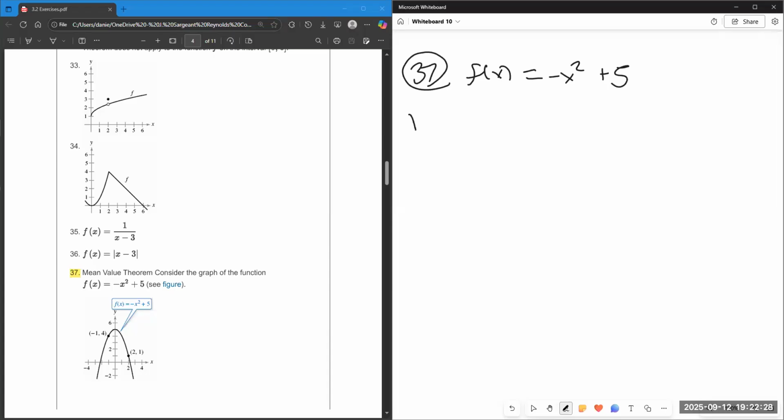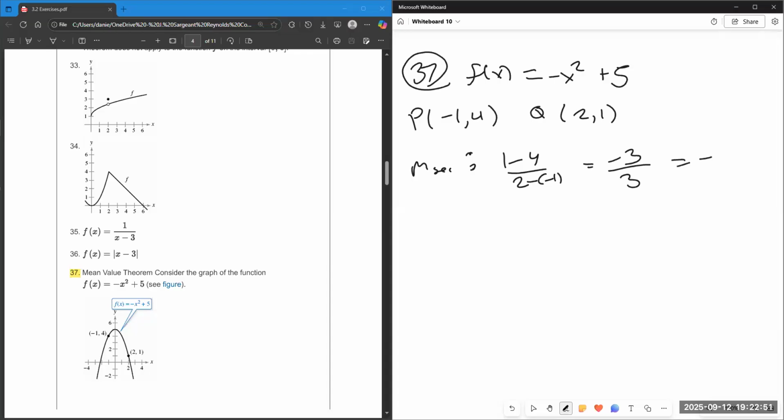We're given the points P of -1, 4 and Q of 2, 1. And we want to find the slope of the secant line that goes through them, which is 1 minus 4 over 2 minus negative 1, which is negative 3 over 3, which is negative 1.